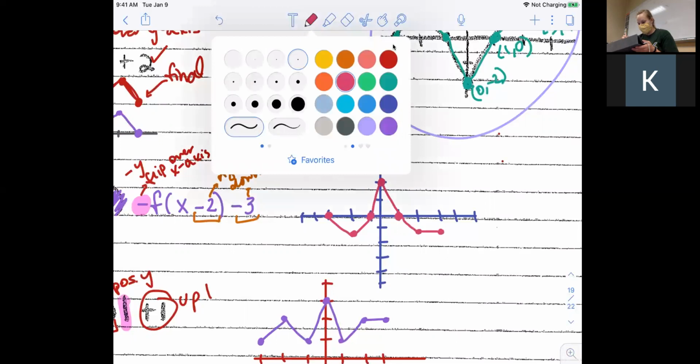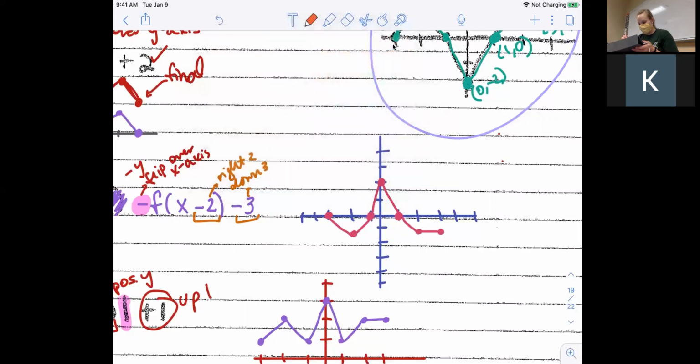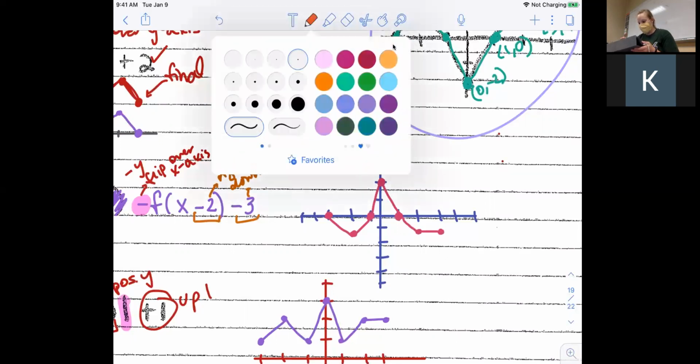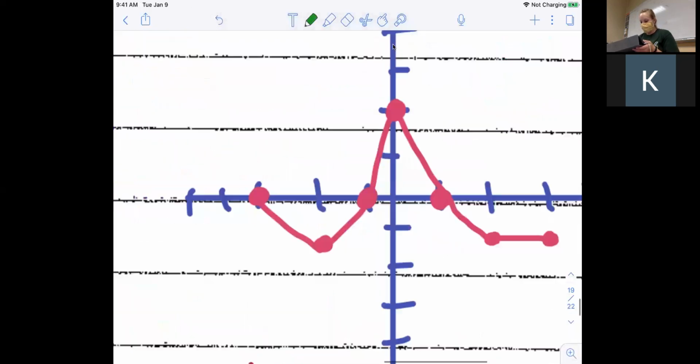I'm going to do it in this green. So right 1, 2, down 1, 2, 3. That point just got to go here. Right 1, 2, down 1, 2, 3. My scale is definitely off. It looks kind of funny, but oh well.